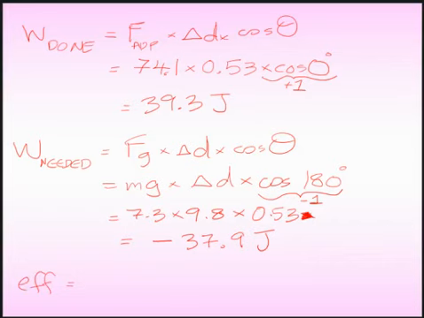EFF equals. Which divides which? Why can't you divide the 39.3 by 37.9? Because then you would get more than what? 100%. So even if you don't really understand which one divides which one, at least know you can never get more than 100%.